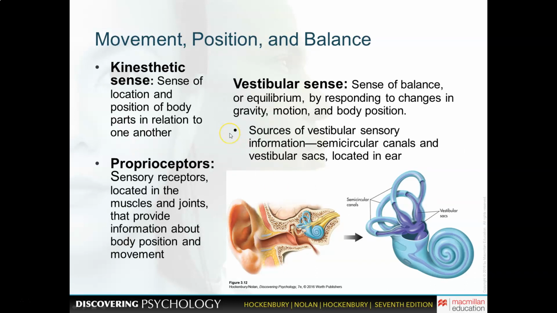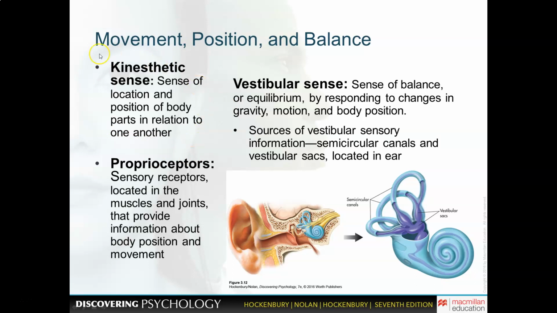Okay, a couple terms here I want to make you aware of. First of all, we have what's called our kinesthetic sense. Remember, kinesthetic refers to our sense of location and position of our body. When one is doing sports, martial arts, dance, fitness training, whatever, we are relying on our kinesthetic senses.